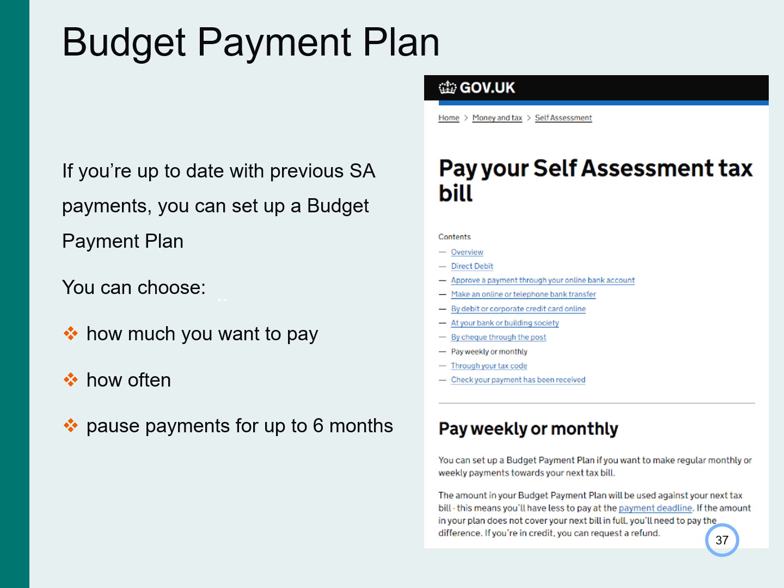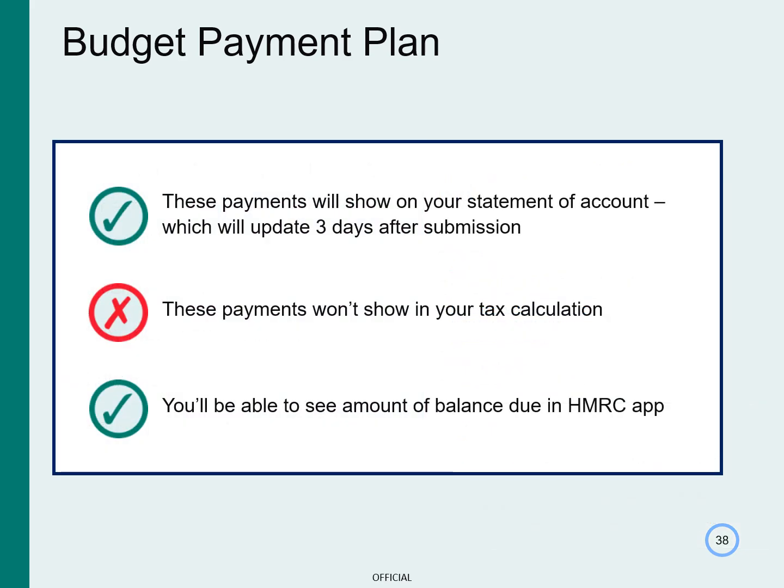You can choose how much you want to pay and how often, and even pause payments for up to 6 months if you want to. These payments will show on your statement of account, but not in your tax calculation. Your statement will update 3 days after you've submitted your tax return. You'll also be able to see any balance due in the HMRC app.